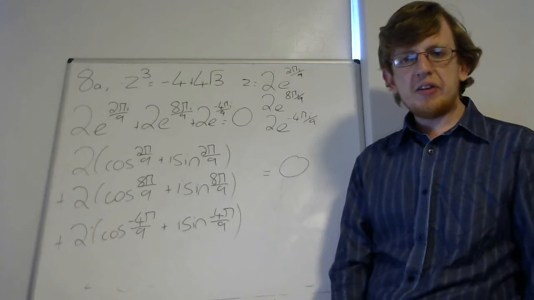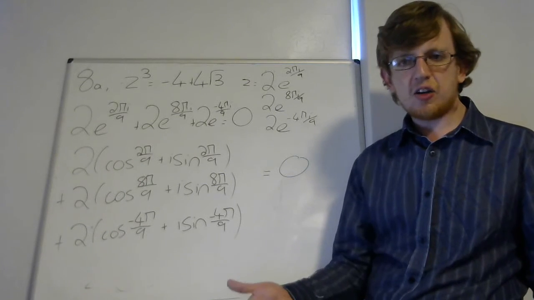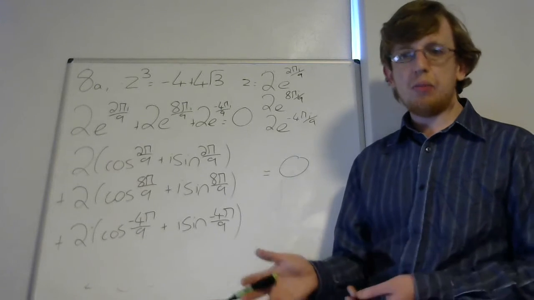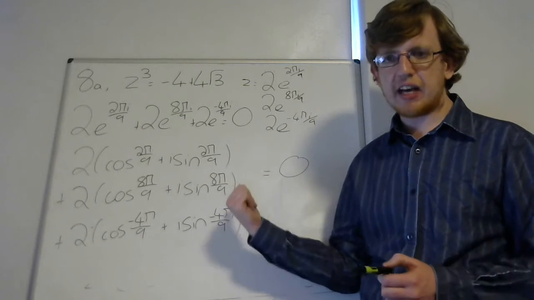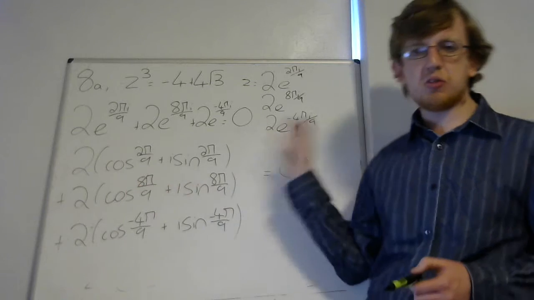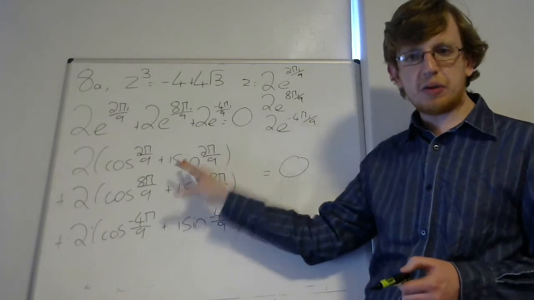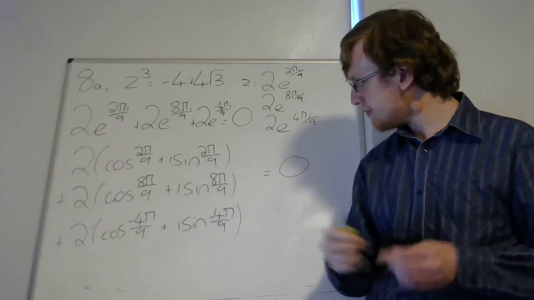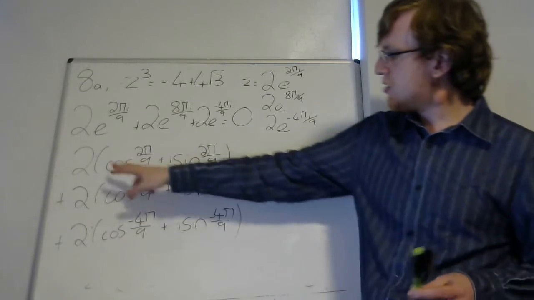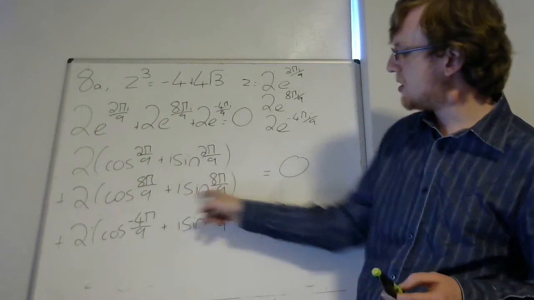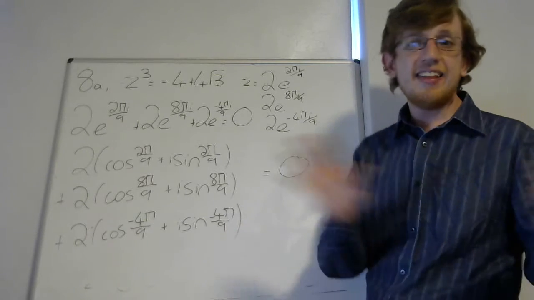Now, when you have an equation with reals and complexes in, and that equals something else, you can say the real part is equal to the real part on this side, and the imaginary part is equal to the imaginary part. So that means 2 lots of i sine plus 2 lots of i sine plus 2 lots of i sine equals 0.